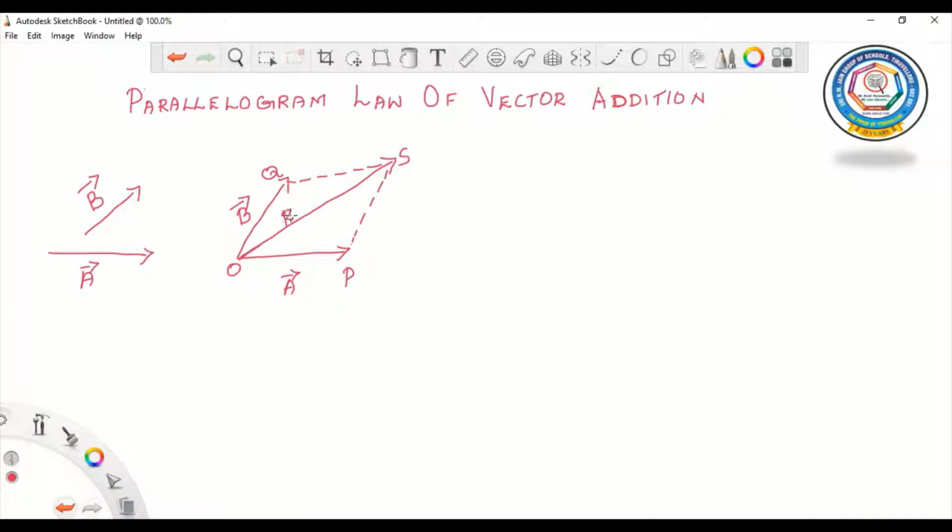R is equal to A vector plus B vector. So we can also write that this OS, which is nothing but our resultant, is equal to OP vector plus OQ vector. That is, R vector is equal to A vector plus B vector.